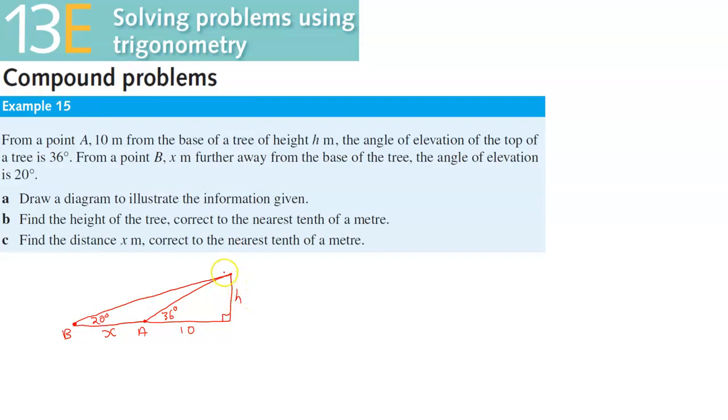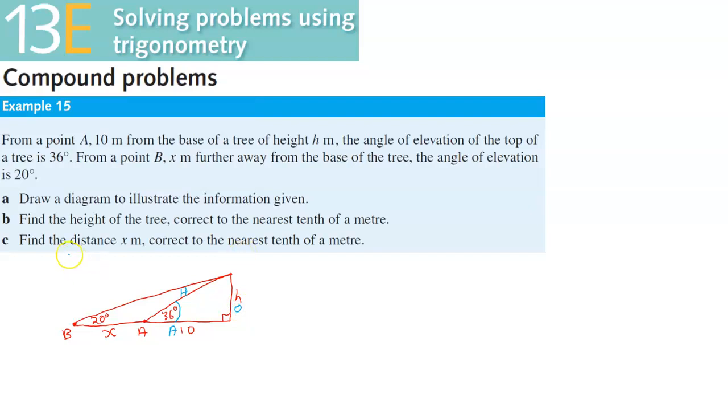To find the height of the tree, I'm going to use this triangle here. So first I need to label the sides with respect to my angle. Here's my right angle, so this is my hypotenuse. This is my reference angle, so this is my adjacent, and this is my opposite.